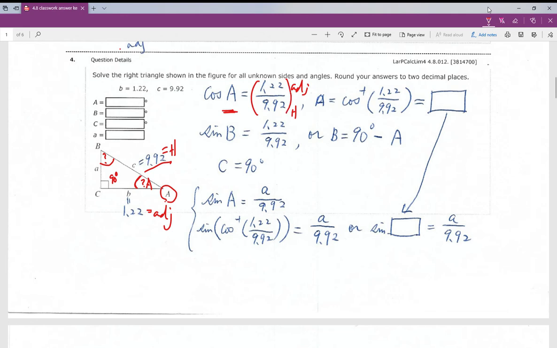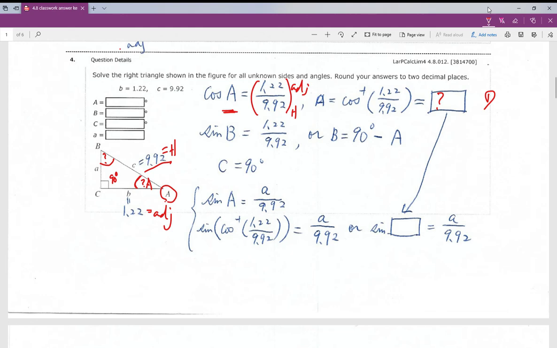And whenever you want to solve for angle A, you want to use arc cosine. Because this is an acute angle, if you use arc cosine, the calculator may directly give you the answer. So this is number 1 here. What's the answer? Here, you use calculator to find it.